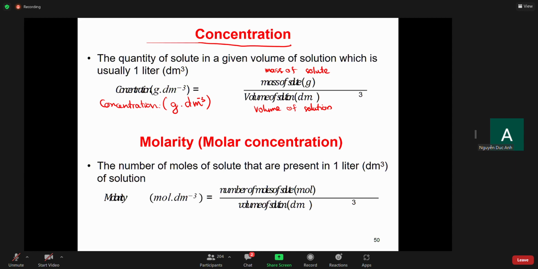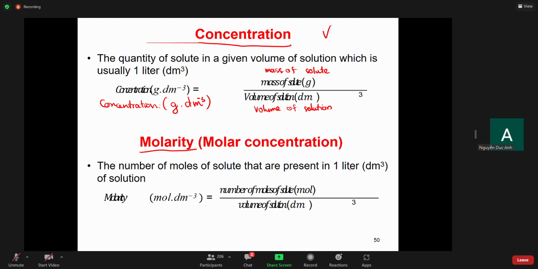The second type of concentration normally used is molarity. You also have other types of concentration, like percent concentration, but in my experience of more than 10 years working in laboratories, I only use molarity, and sometimes the concentration in gram per liter, as you see here.